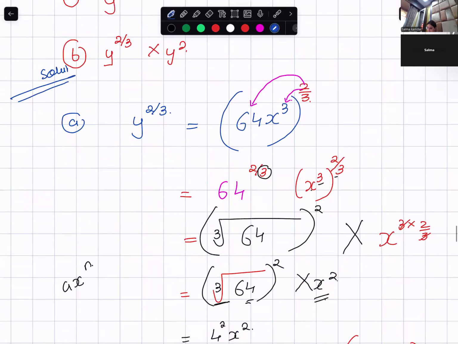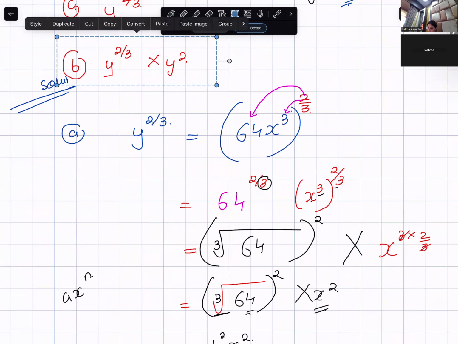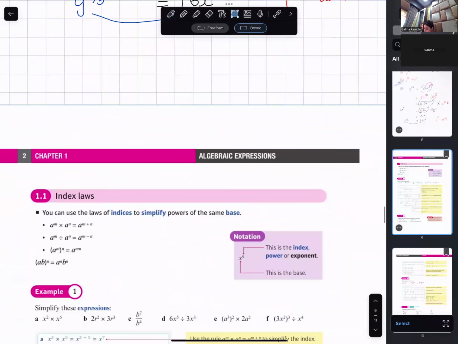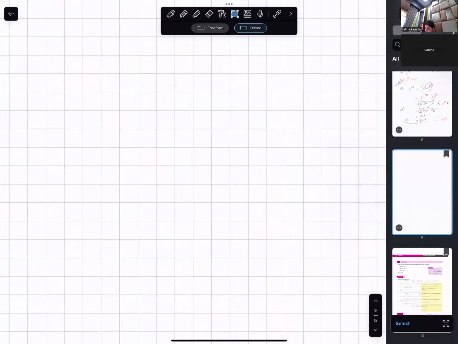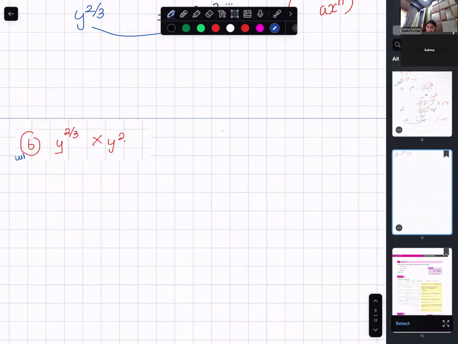Let's do the b part. Our b part is, I've been given y 2 by 3 into y square. And what is the value of y? Y is 64x cubed. I have to express it in the form of ax raised to n.